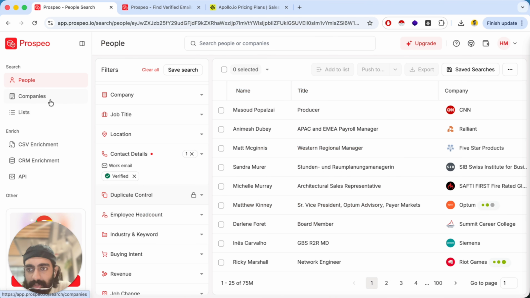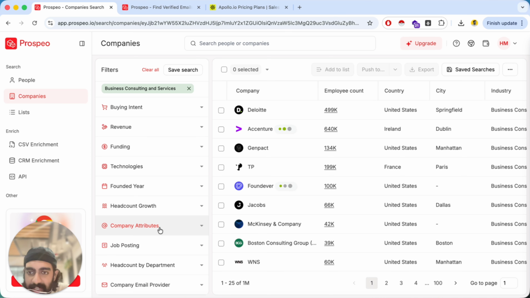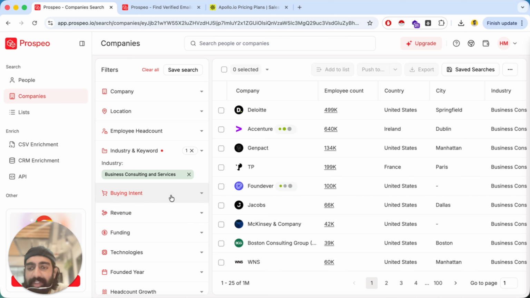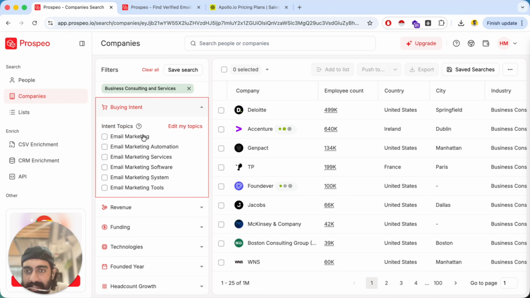If you take a look at the company lead list, usually all these filters are available in Apollo also, but one thing that really caught my eye was this thing called buying intent. I feel that this is the way they do it, it's a little different from Apollo. I don't exactly know the mechanism behind it, but it actually works.